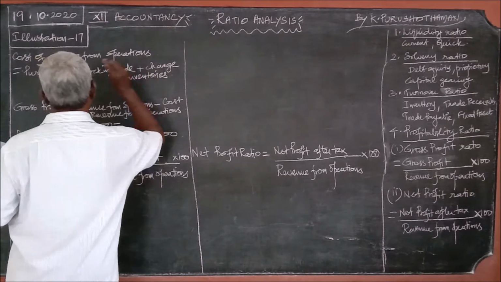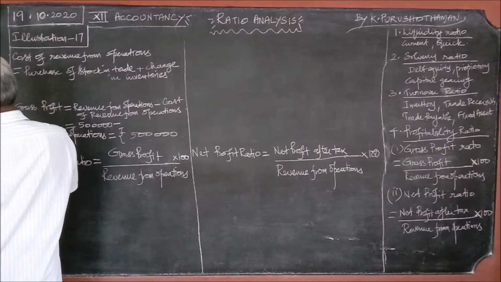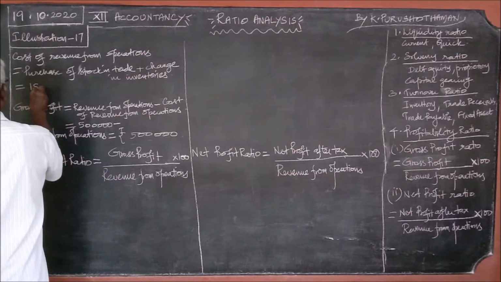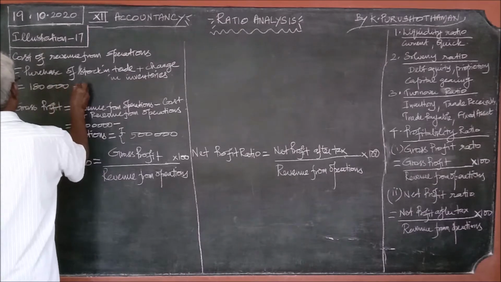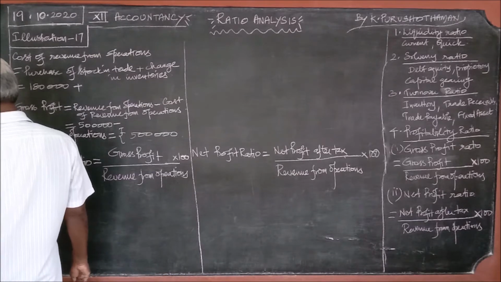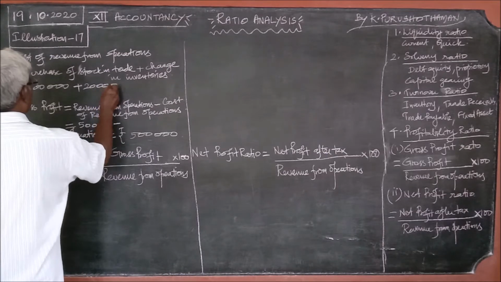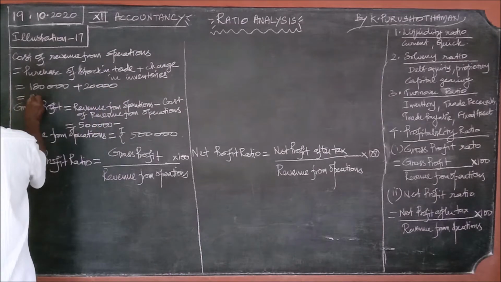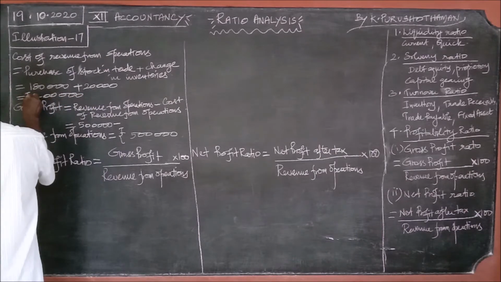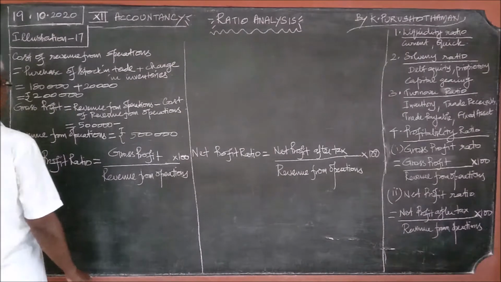I shall explain it now. So, purchase of stock in trade, 1,80,000, plus change in inventories, 20,000. So this is equal to 2 lakhs. This is the total cost of revenue from operations.